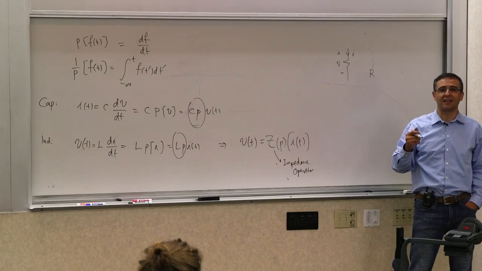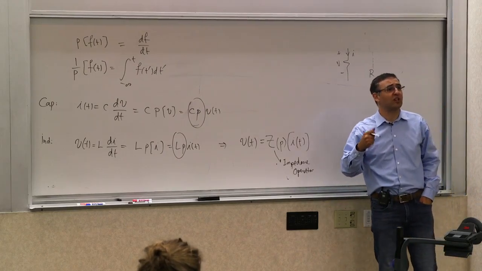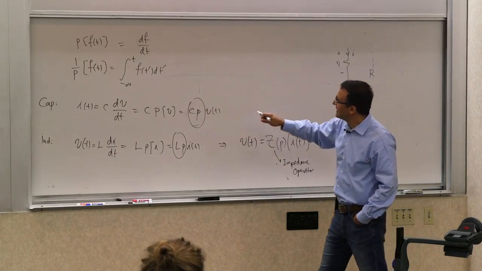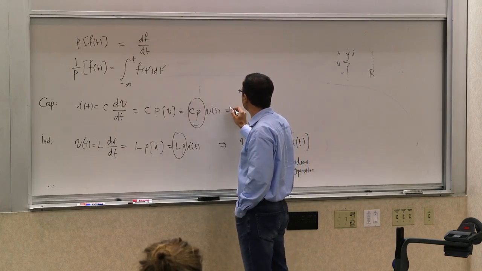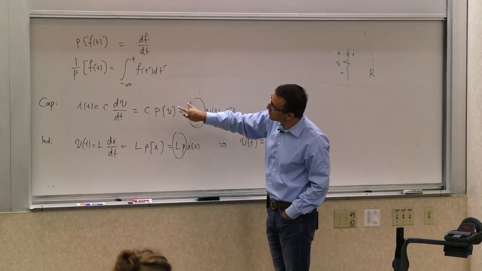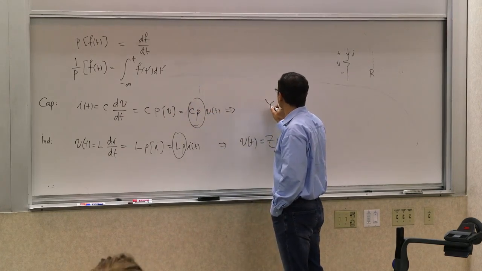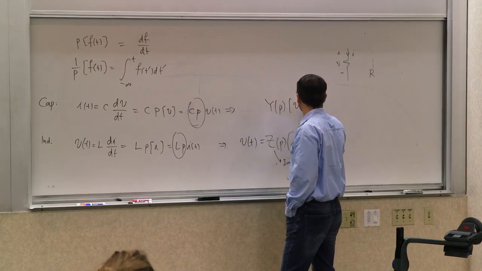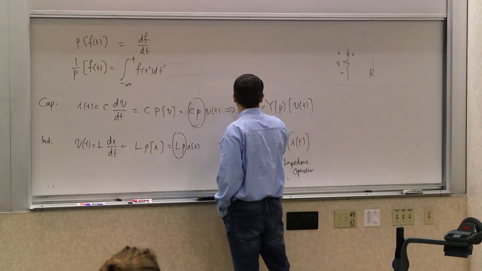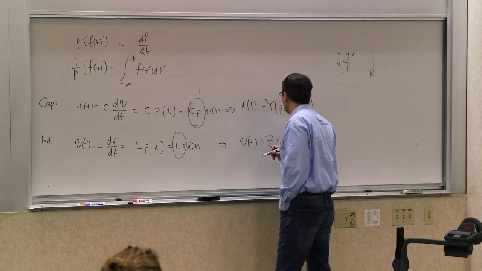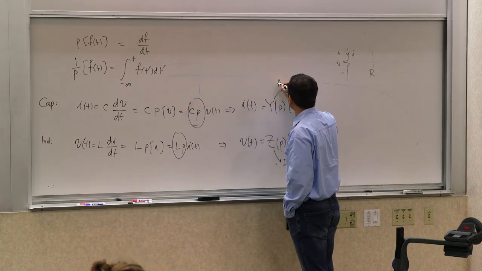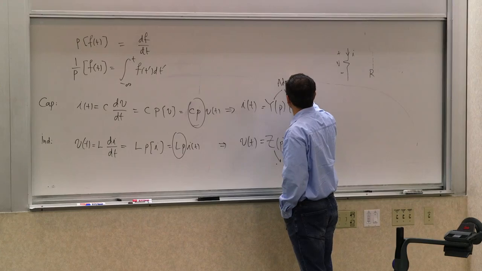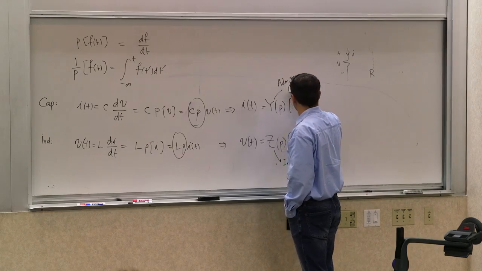Similarly, you can define an admittance operator, which relates a voltage to a current. We show those with Y of P that operate on a voltage and produce a current. And these are called admittance operators.